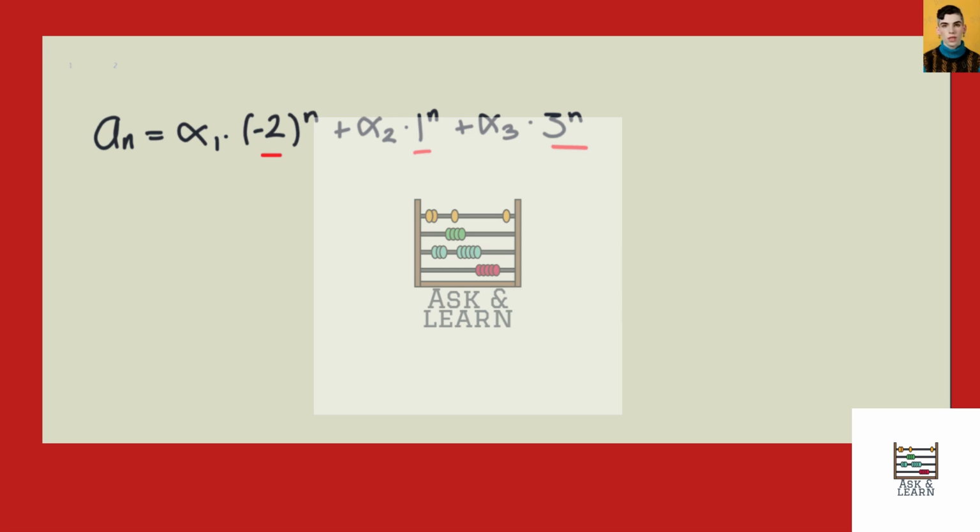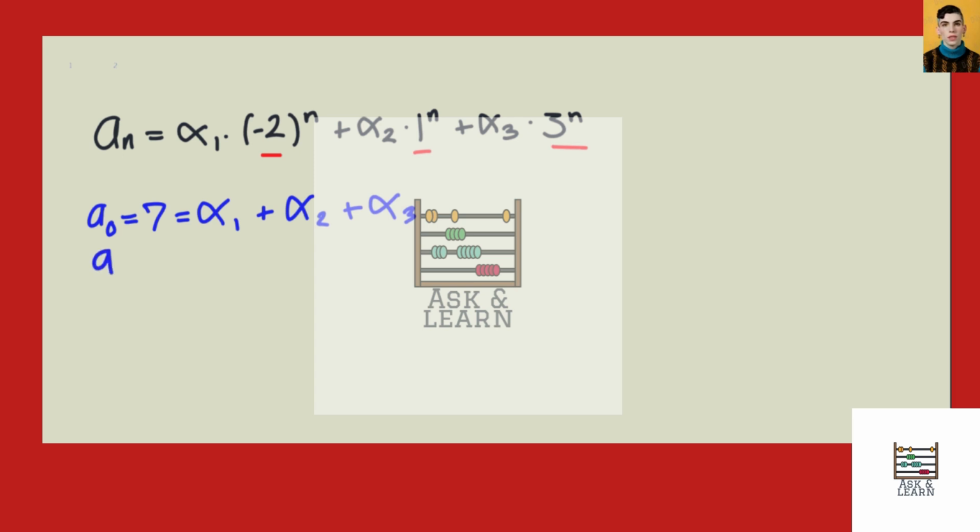And so initially we're given that a_0 is equal to 7. And so if we put a 0 into the above equation, everywhere that there's an n, we end up with alpha 1 plus alpha 2 plus alpha 3.